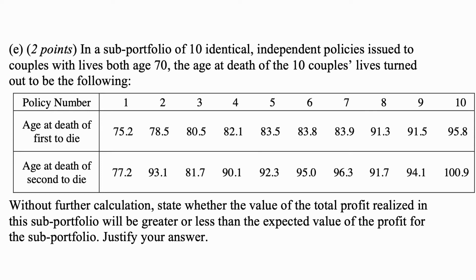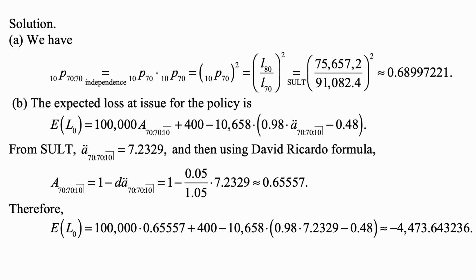And you have information here about age at death of those 10 people, first to die and second to die. Without further calculation, state whether the value of the total profit realized in the sub-portfolio will be greater or less than the expected value of the profit for the sub-portfolio. Justify your answer. And here's the solution.